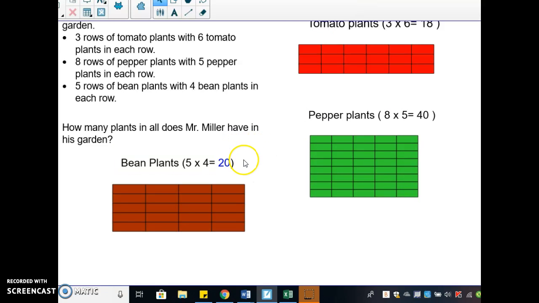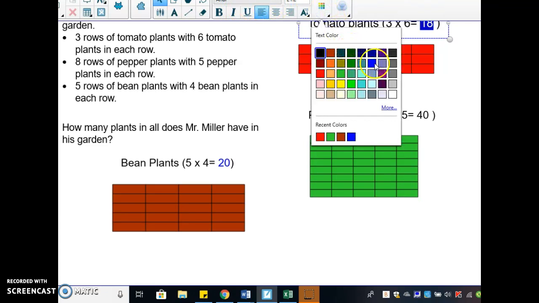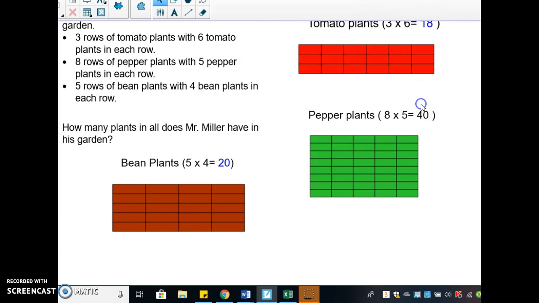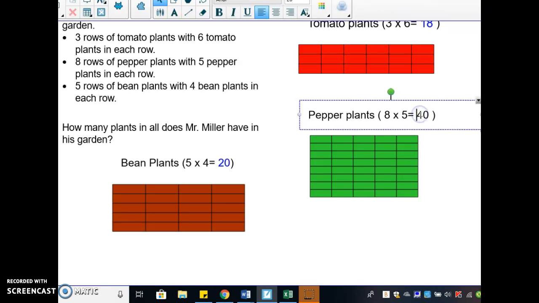So I have to find the total between these products. So I have 20, I have 18, and I have 40. So 40 plus 18 plus 20.